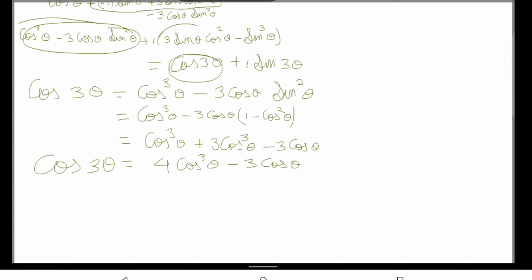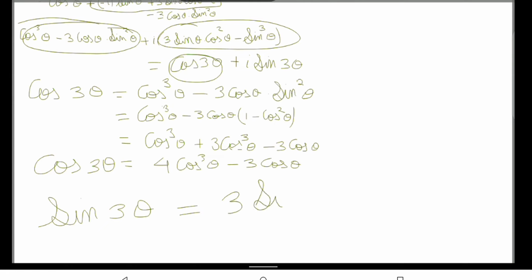Let's compare imaginary parts to get sine 3 theta totally in terms of sine theta. So if we compare imaginary parts, then we have sine 3 theta equal to 3 sine theta into cos square theta minus sine cube theta.